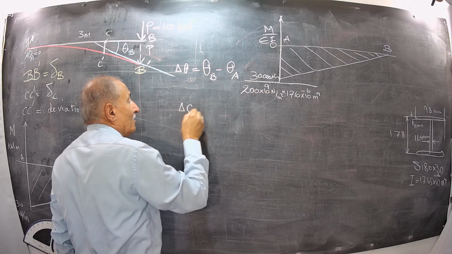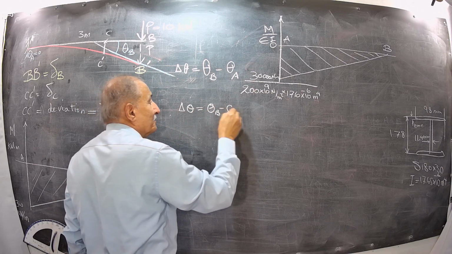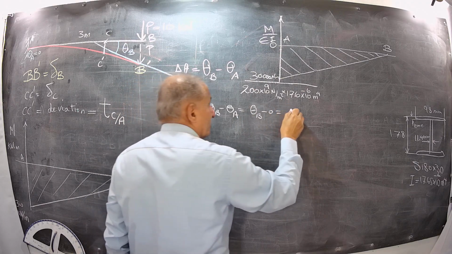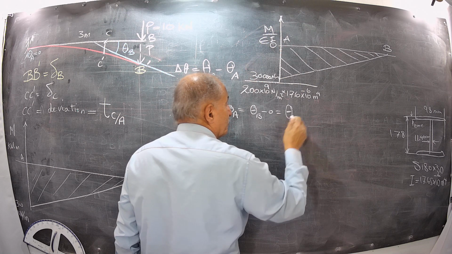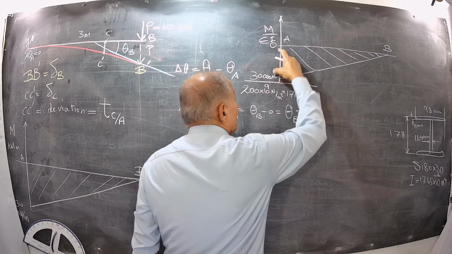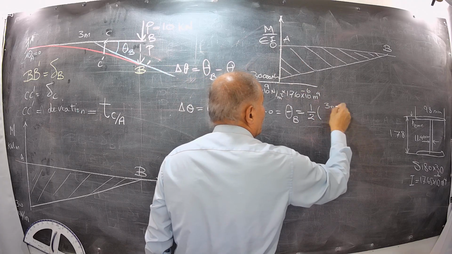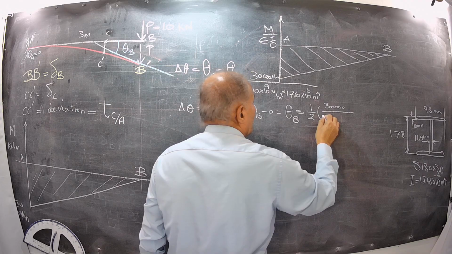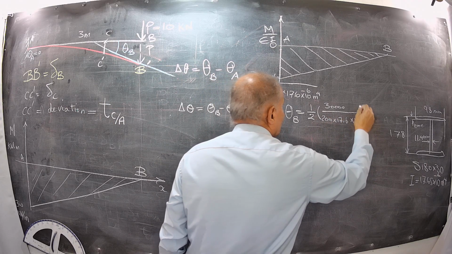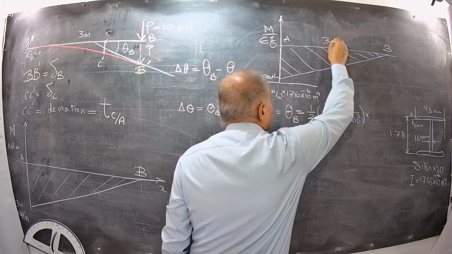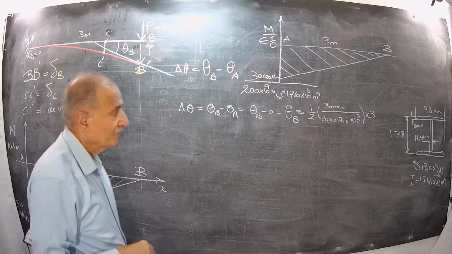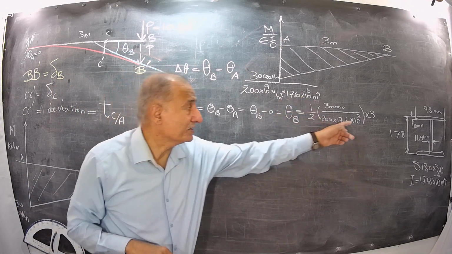This means that delta theta, which is equal to theta B minus theta A, which is equal to theta B minus 0 here, not always is 0, is equal to theta B, is equal to this area, half of this length, 30,000, divided by 200, 70.6 times 10^3, times 3 meters, half of it. 10^9, 10^-6, 10^3.